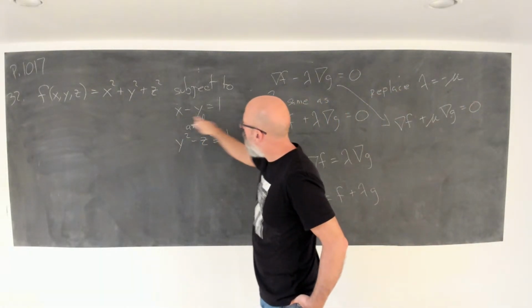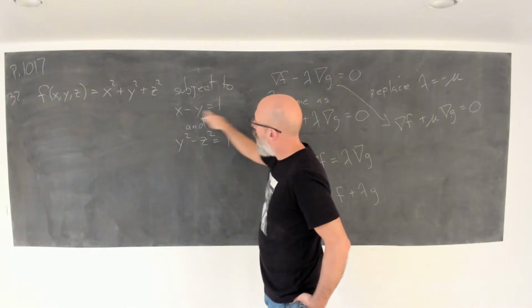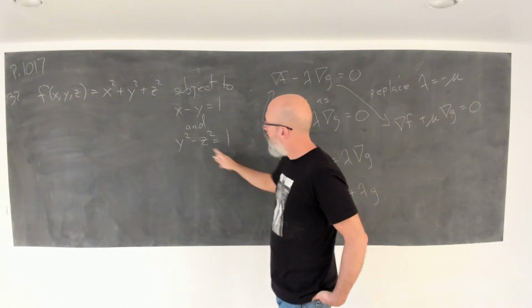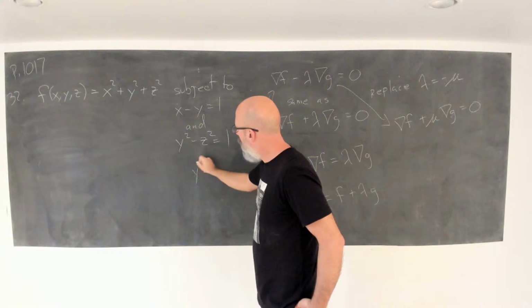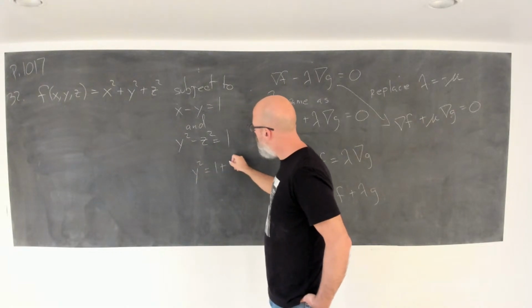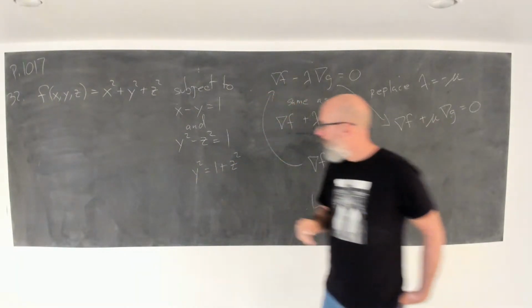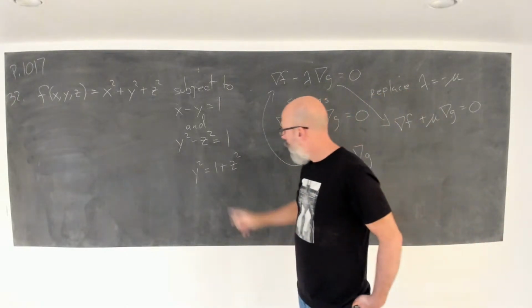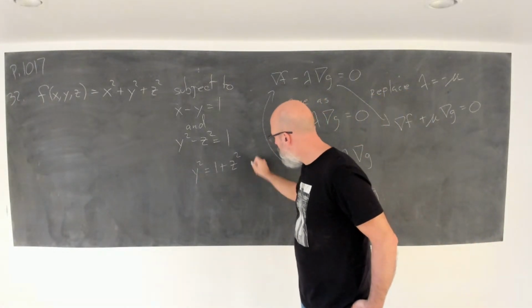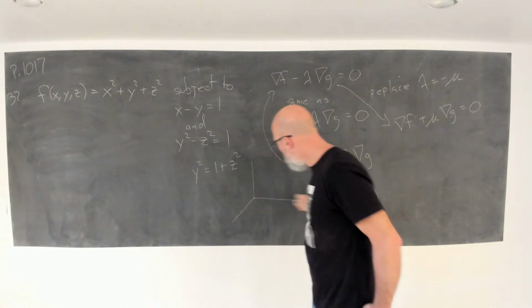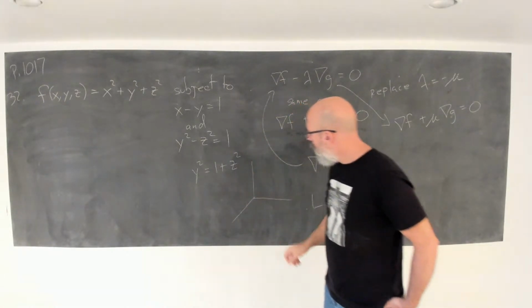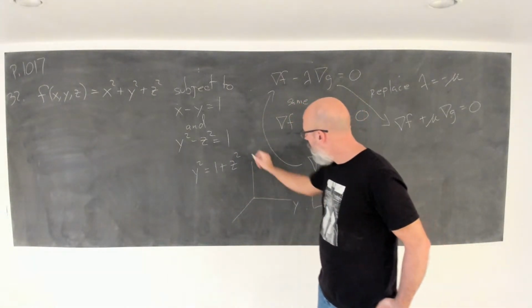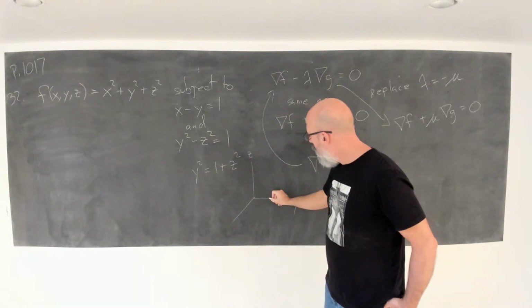You know what that is. This is the equation of a plane in 3D. Here, y squared is equal to 1 plus z squared. Right? I mean, first of all, there is no x specified. So you can graph that in the yz plane. And you know what that's going to look like.